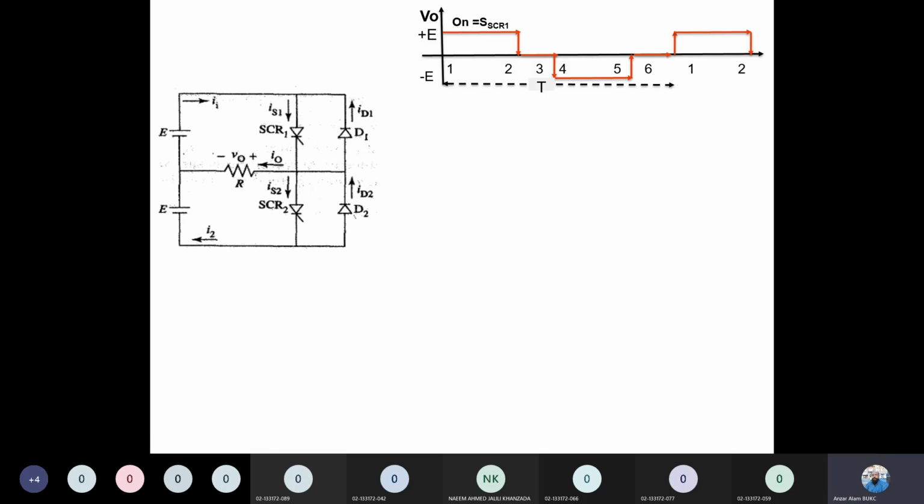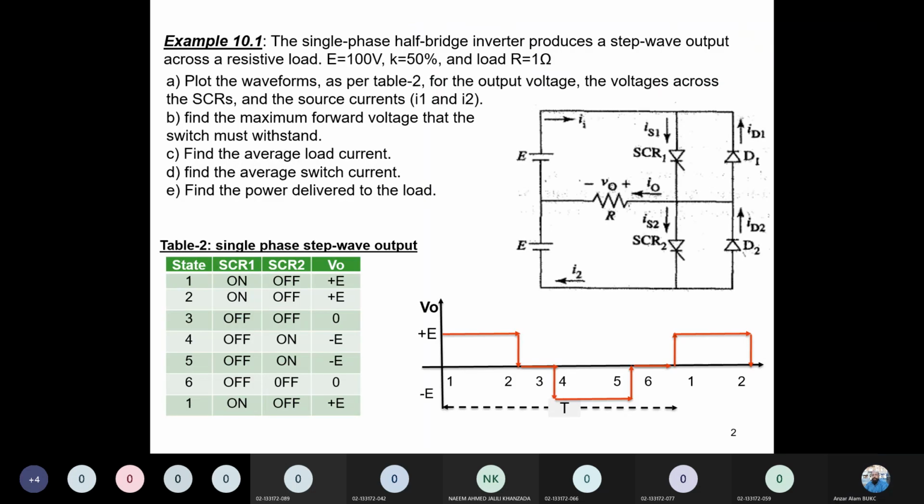So now ये अच्छा ये क्या है, ये तो दोबारा नहीं है. Okay. Actually this was an example. आपको बेसिकली ये बताया गया कि you are asked to solve this example. इस एग्जाम्पल में the single phase half bridge inverter produces a step wave output, ठीक है, step wave across a resistive load E is equal to 100 volt. यहाँ पे ये 100 volt है and this is also 100 volt.